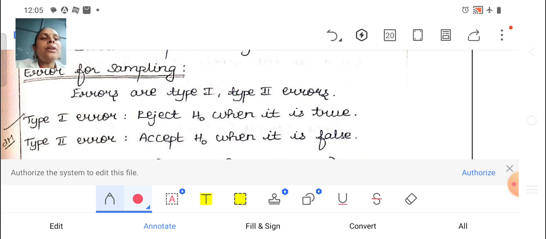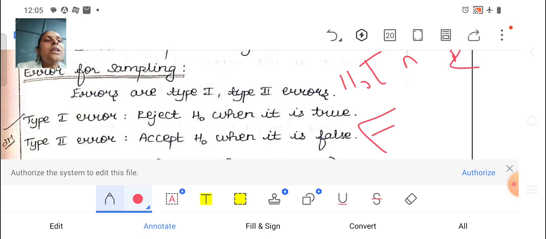Here H naught is true, and here H naught is false. We accept or reject. If H naught is true and we reject, it is the type 1 error.